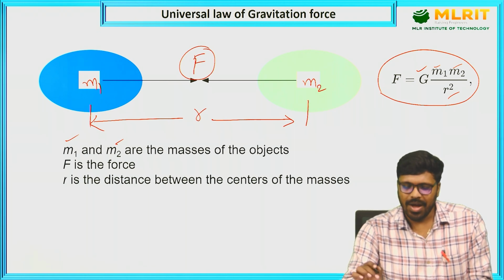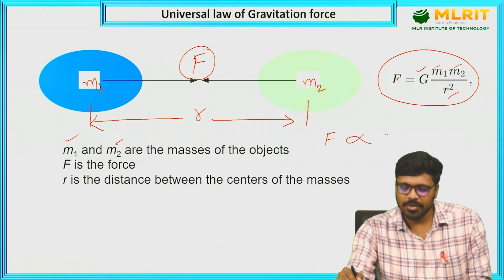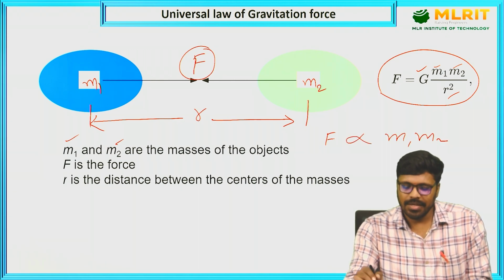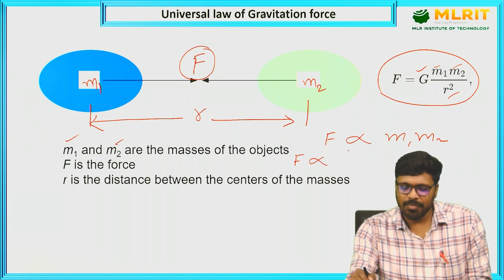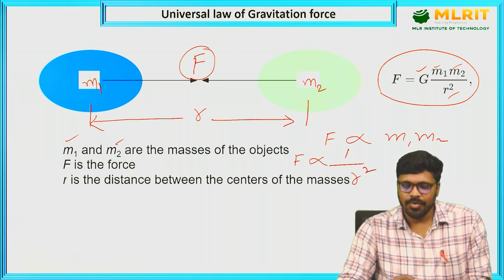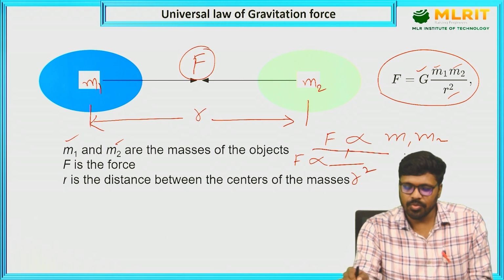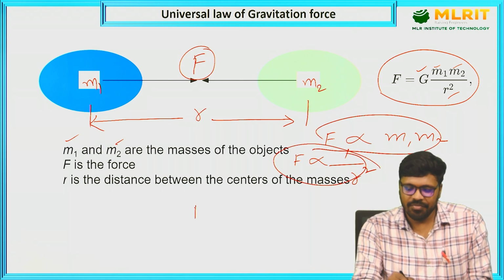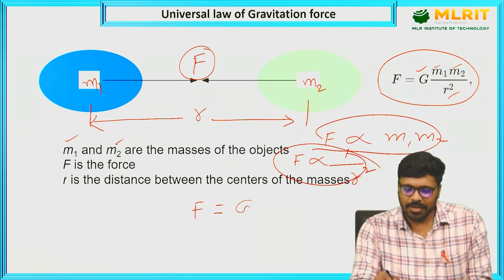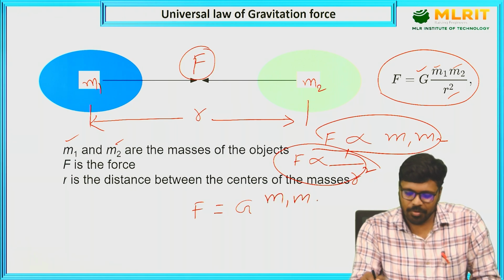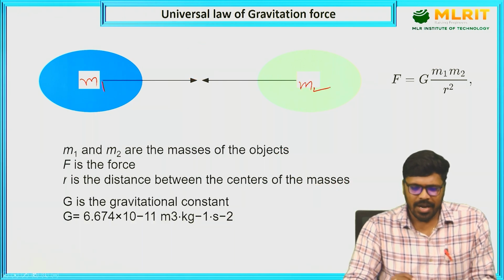The gravitational force F is directly proportional to the product of the masses of the two bodies, and F is inversely proportional to the square of the distance. If you take these two things, then finally F will be capital G m1 m2 by r square. And what is G here?